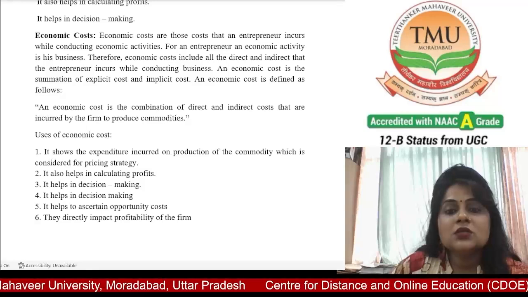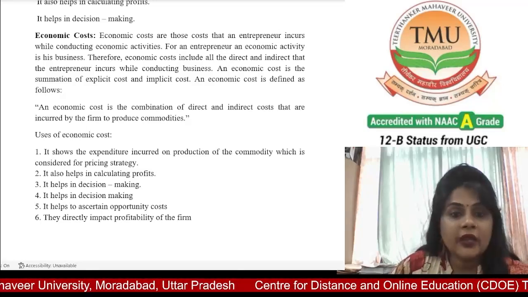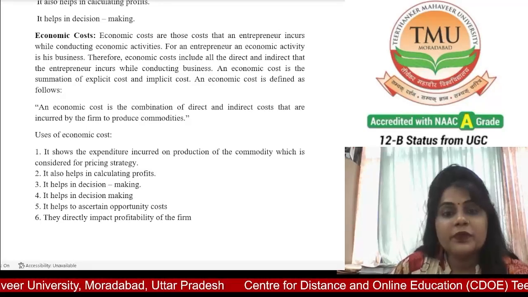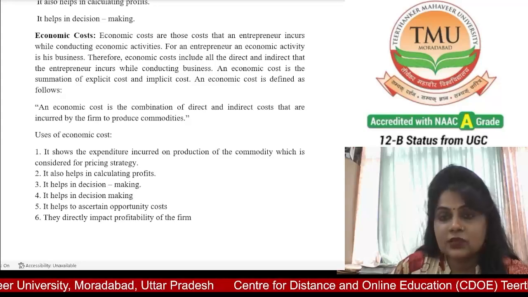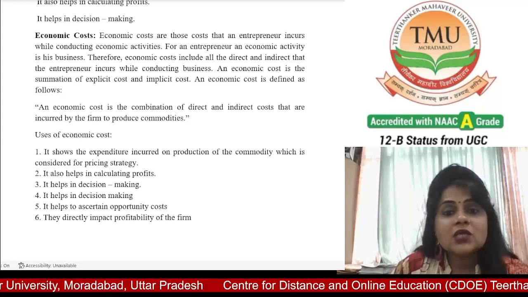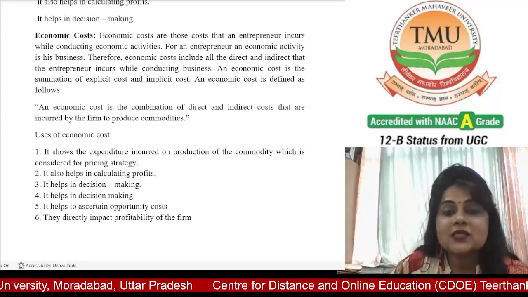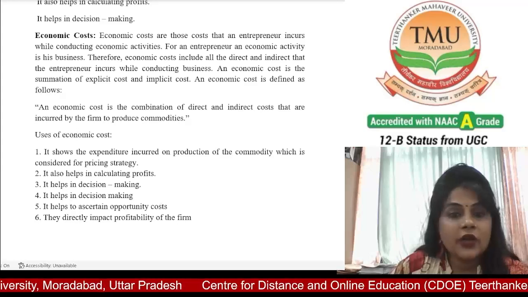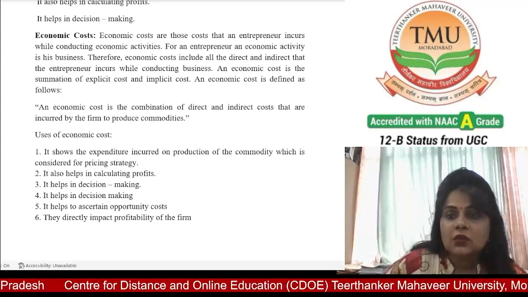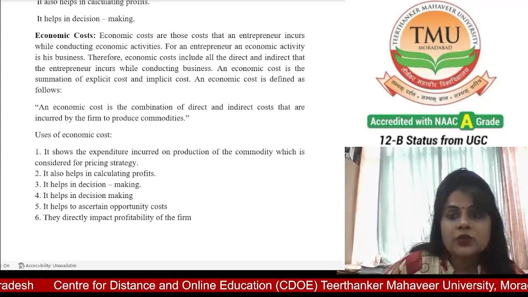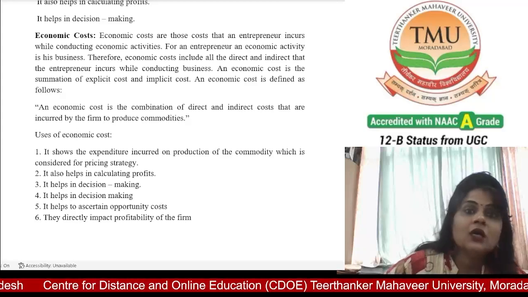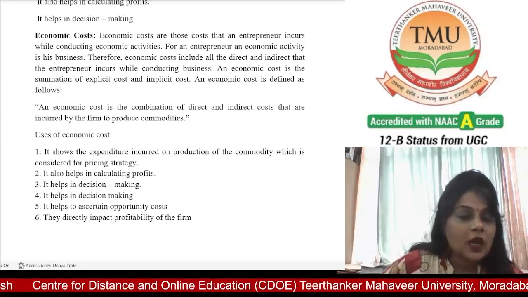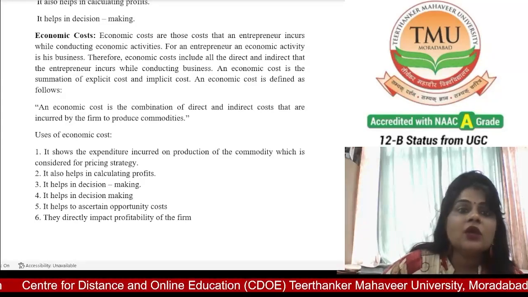While accounting costs are crucial to tracking hard costs for a business, economic costs are vital to determine the best future direction for an organization. I hope, students, you well understood what the economic cost is. And now we discuss the uses of economic cost.